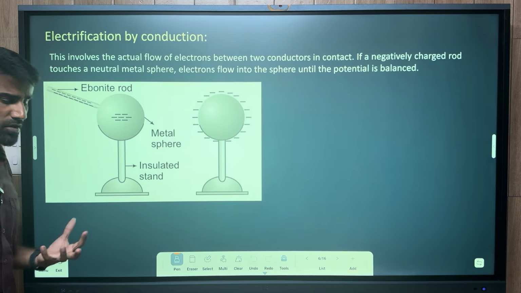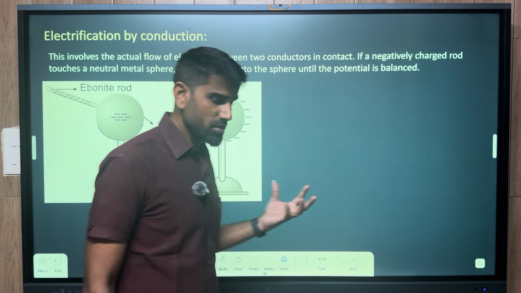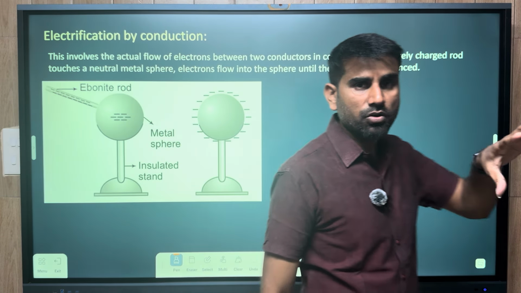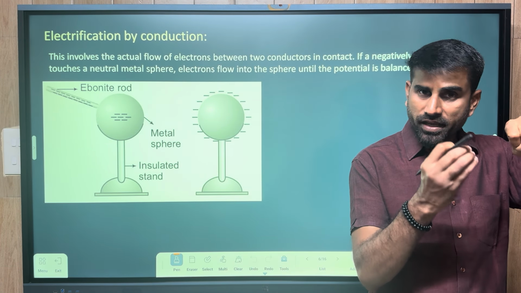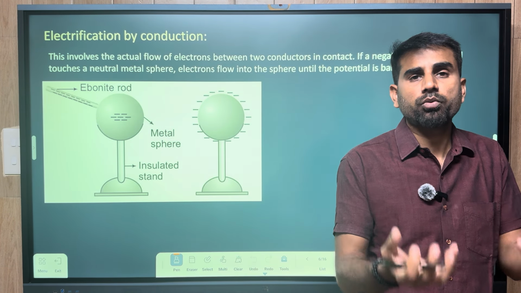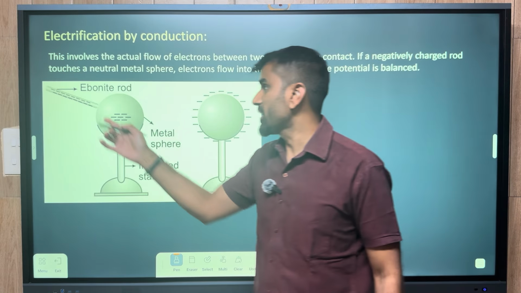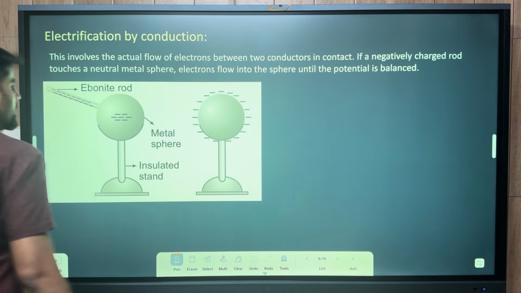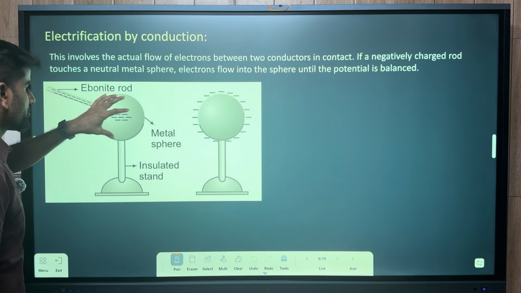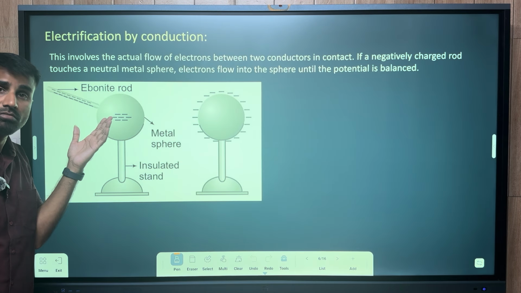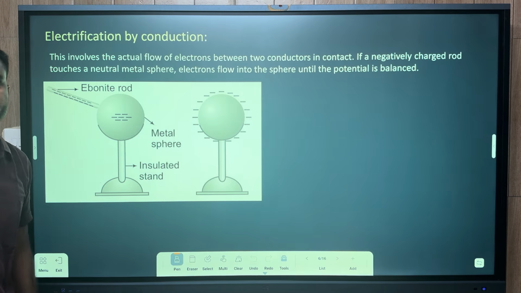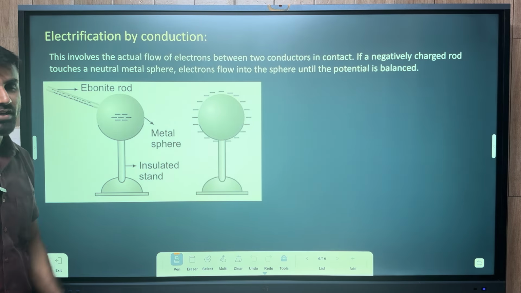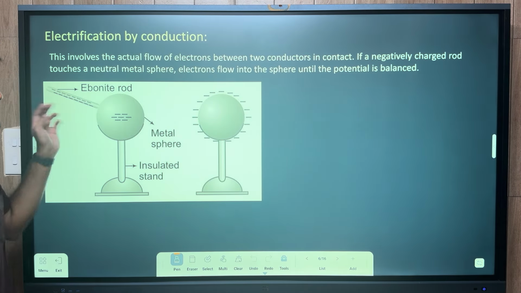Ebonite rod is a kind of rod where insulation has been provided, we hold the rod at the insulated point, and it has the ability to acquire a large number of charges. So it has negative charges. When I put it in contact with the sphere, which was initially neutral, the sphere will gain the electrons, the negative charge.